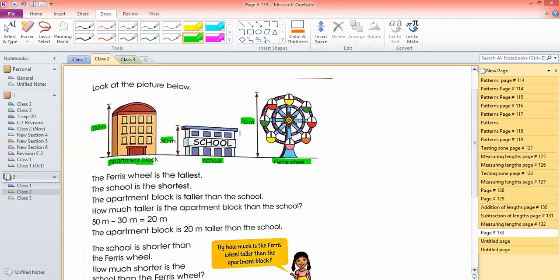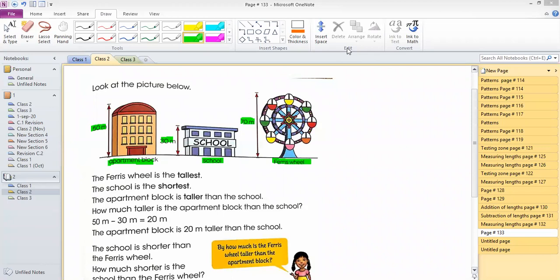First, when you see the height of each, can you tell me which is the tallest among all? Apartment block, school, or Ferris wheel?